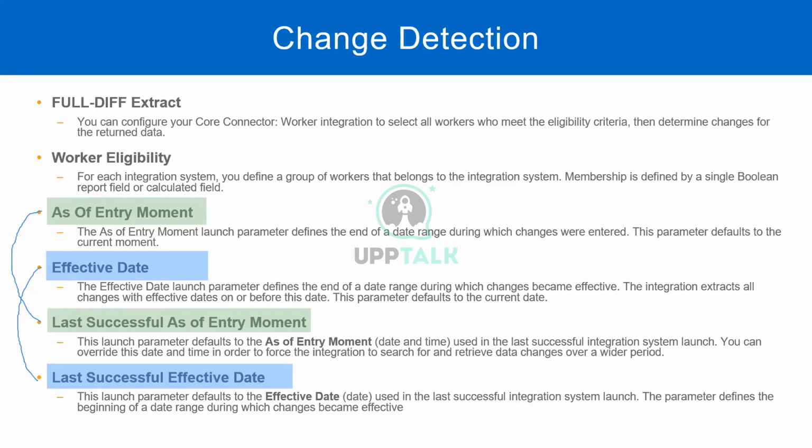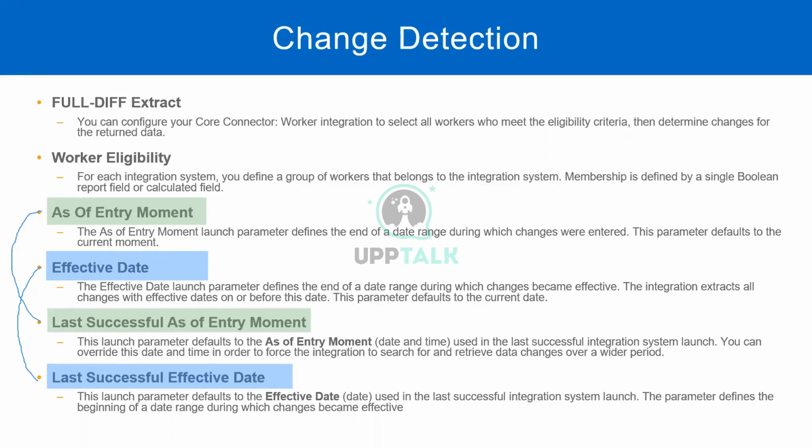So till what time should I look for entries? Okay, entries made till what time? So you will say okay, as of entry moment is maybe 11 p.m. Pacific, 28th of April, 2022. All the entries made till that time. Okay, that will be your as of entry moment.